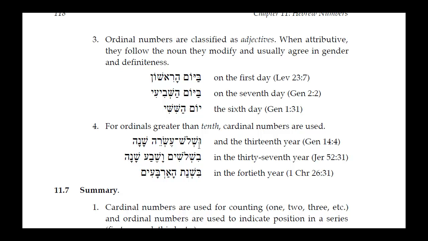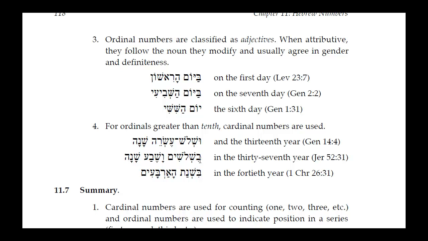Ushlosh esreh shanah. So the cardinal numbers take their place after the tenth, because otherwise you would have a hirik yod and tav at the end instead of just shalosh.